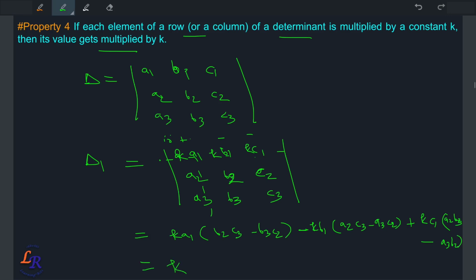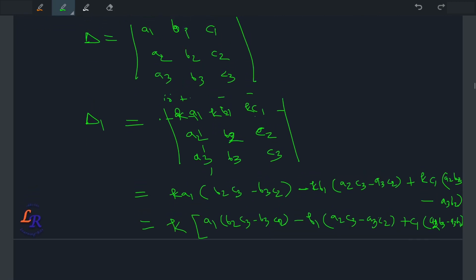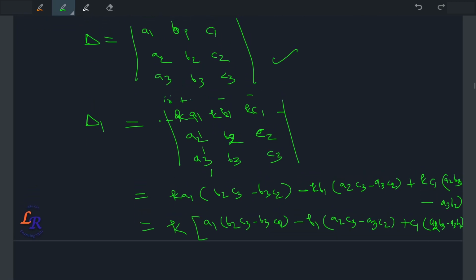Now take K out, and then you can write A1 (B2 C3 minus B3 C2) minus B1 (A2 C3 minus A3 C2) plus C1 (A2 B3 minus A3 B2), right? And now you remember when you expand this matrix, you will get the same value, right? So you can write K delta.